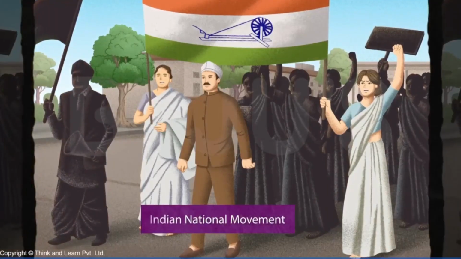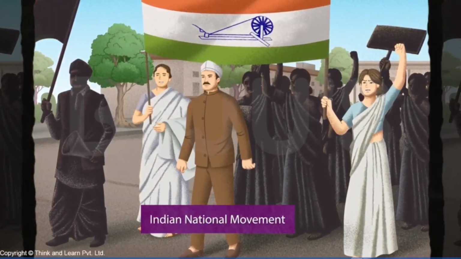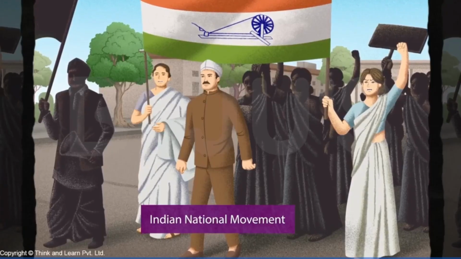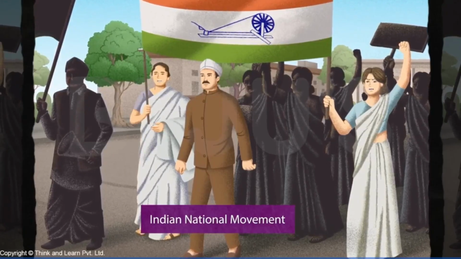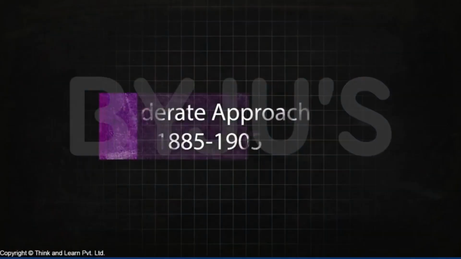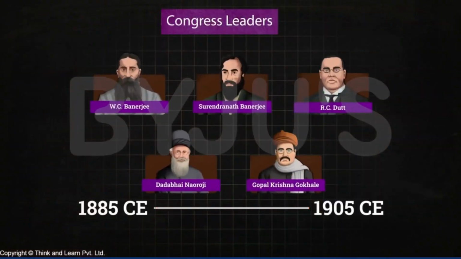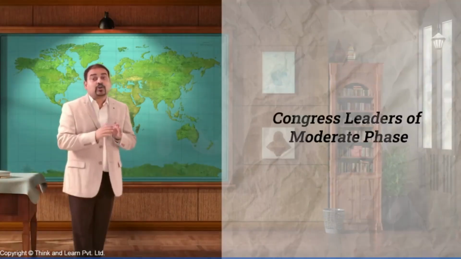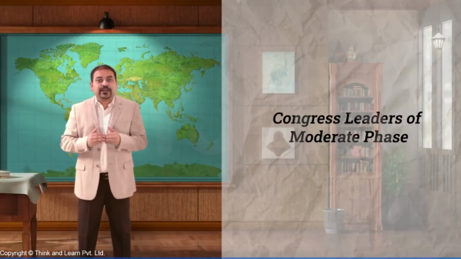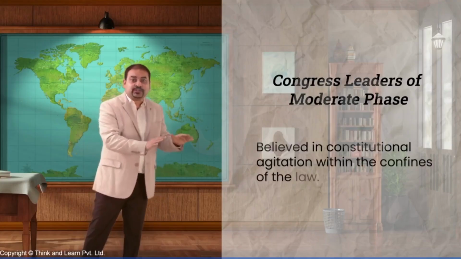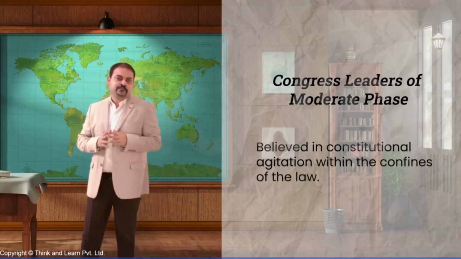The establishment of Congress is considered a crucial point in Indian history as it laid the foundation of the Indian national movement. From 1885 to 1905, the majority of the Congress followed the moderate approach. The Congress leaders during this period believed in constitutional agitation within the confines of the law.